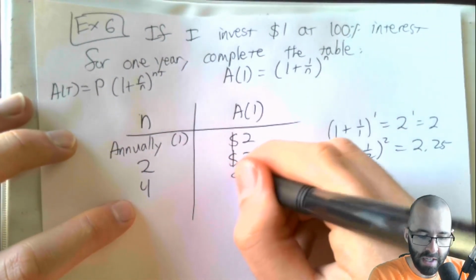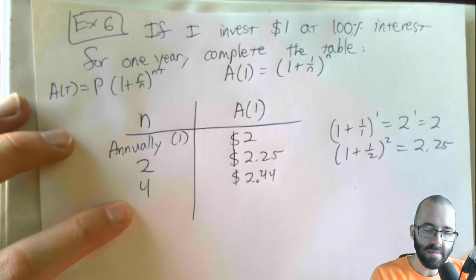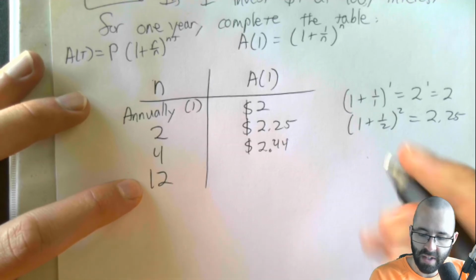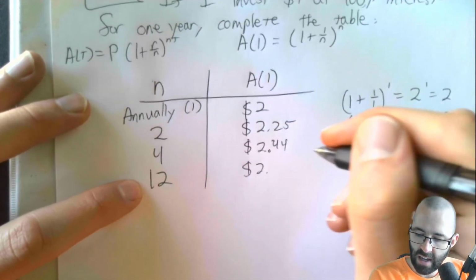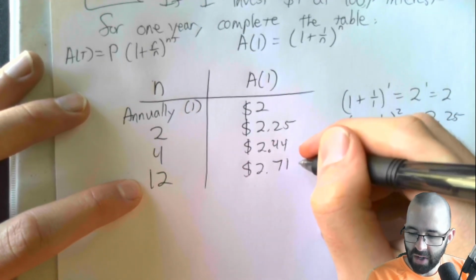All right, so I'm not going to do this all out, but I want to show you what happens. If it compounds quarterly, we're going to have $2.44. Even more. If it compounds monthly, and it'll be 12, we're going to have $2 and about 71 cents. I'm going to keep on going.